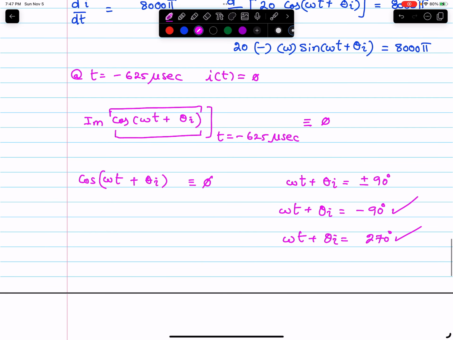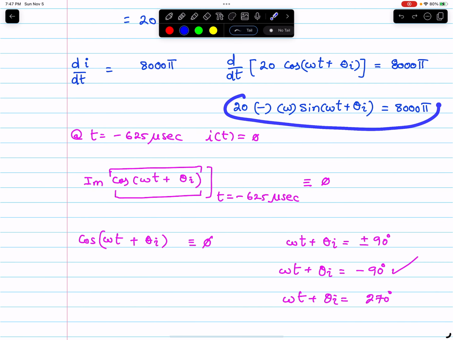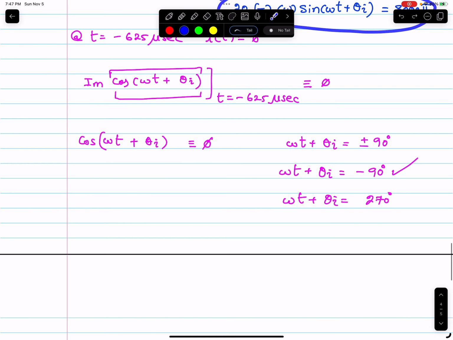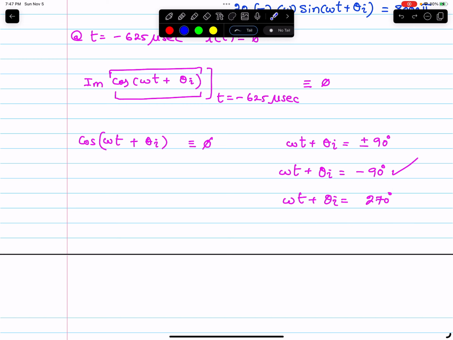Now we have this piece of information: all of this is 8000 pi, and all of this is 270 degrees.